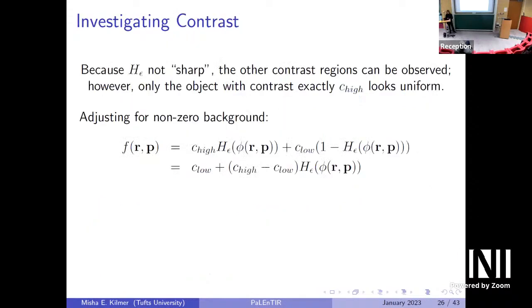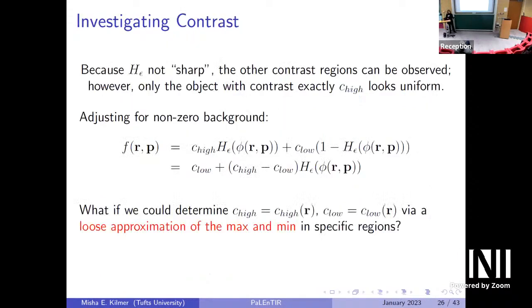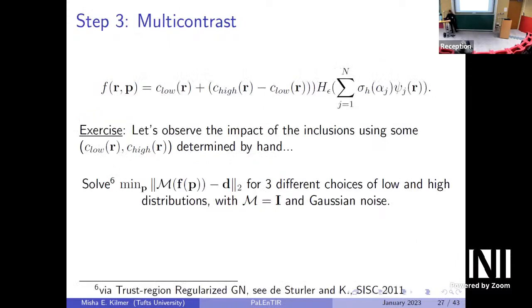So our idea was, what if we could learn a loose idea of what the C high and the C low values were as a function of space through an iterative type process. Could we expect to do better?